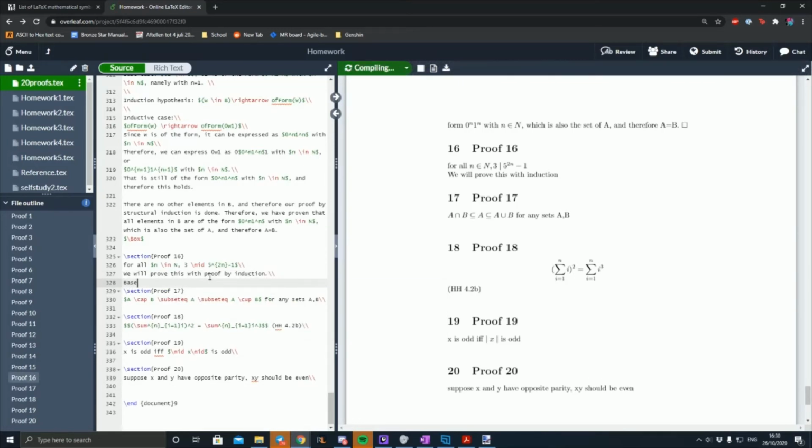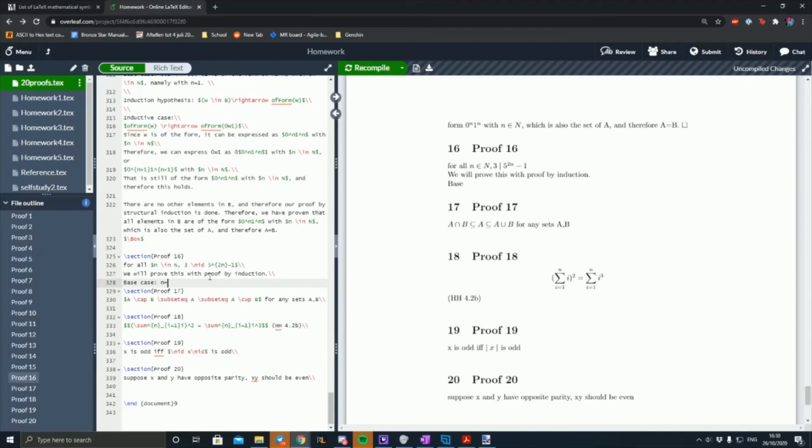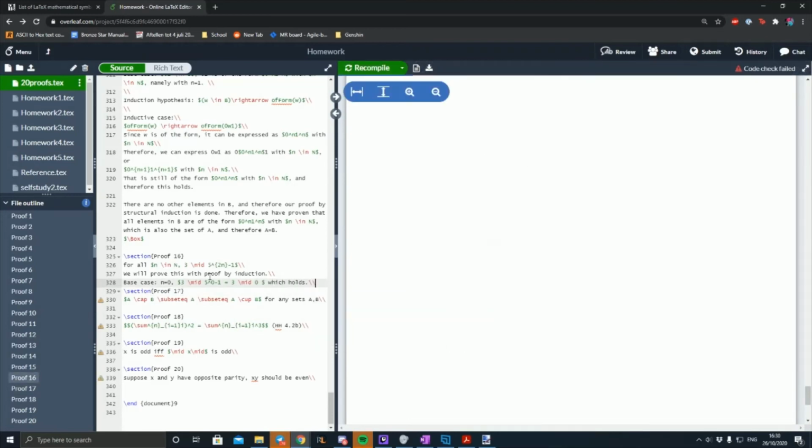The base case is n equals 0: 3 divides 5 to the power of 0 minus 1, which equals 3 divides 0, which holds.